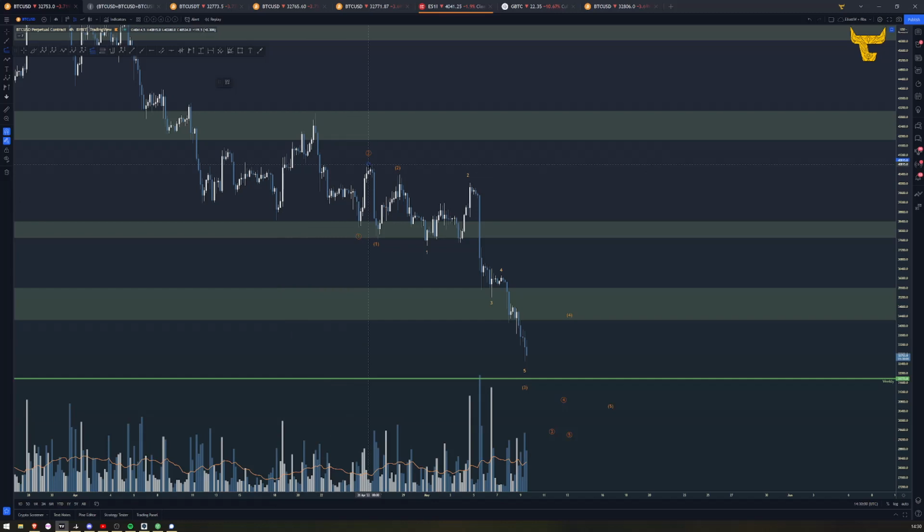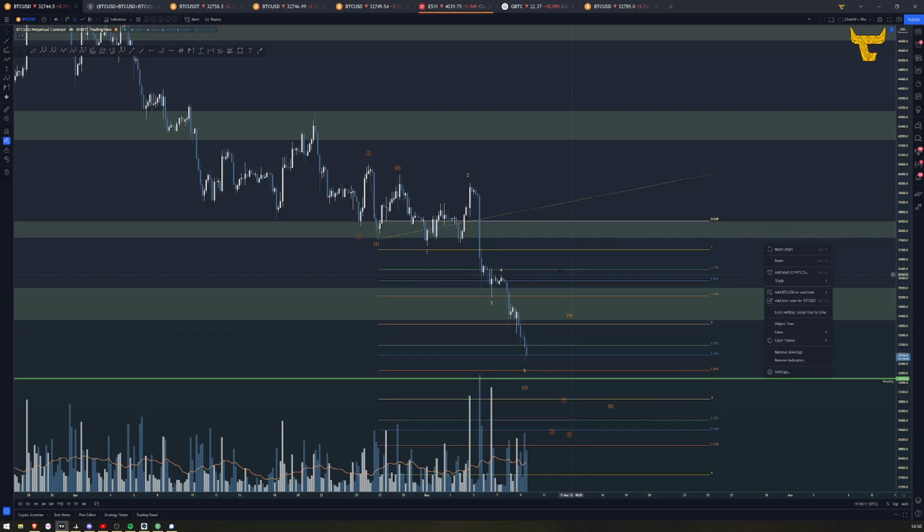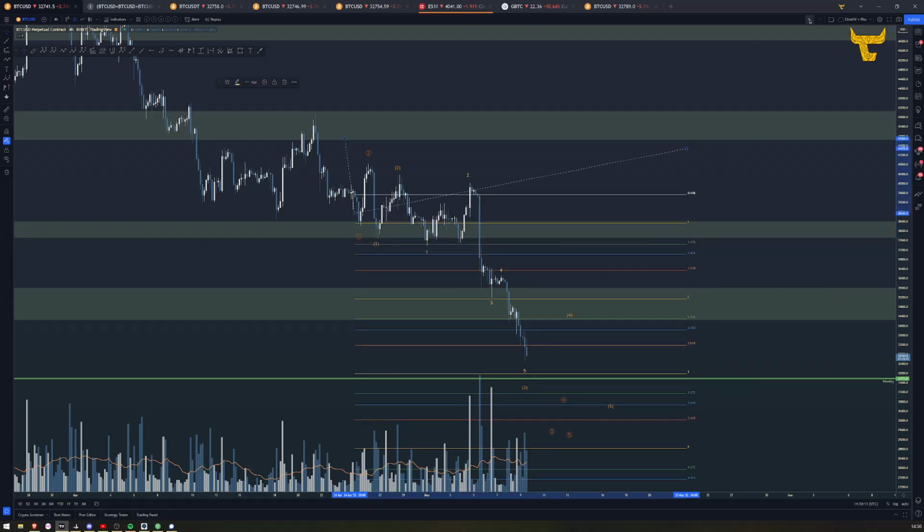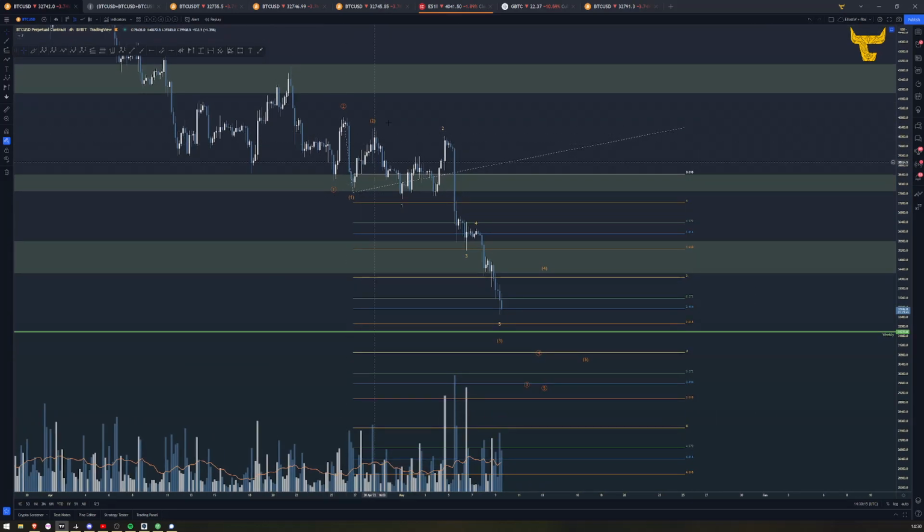Now taking the proposed 1-2 of higher degree, 1, 2, wave 3, 261.8. Maybe we get another move down here, reaching the weekly level and finding a bit of support for the wave 4.